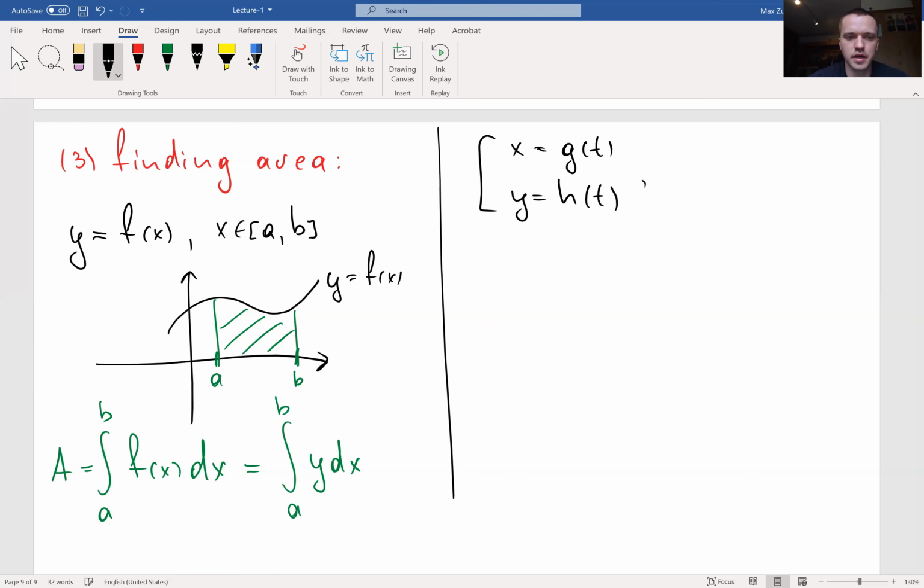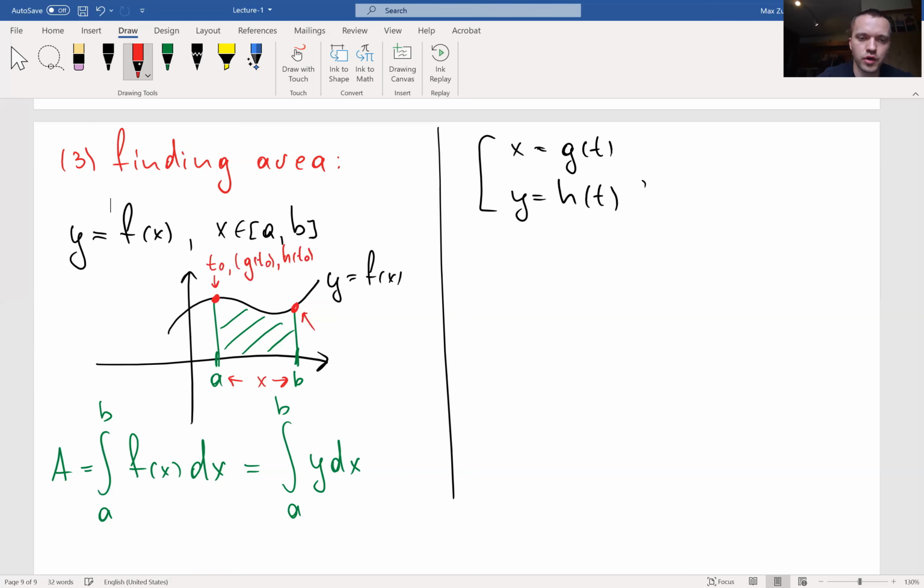And let's say you can see that when your x changes between a and b, then this point over here is going to be some t naught, such that the function is going to give you the point g of t naught and h of t naught.